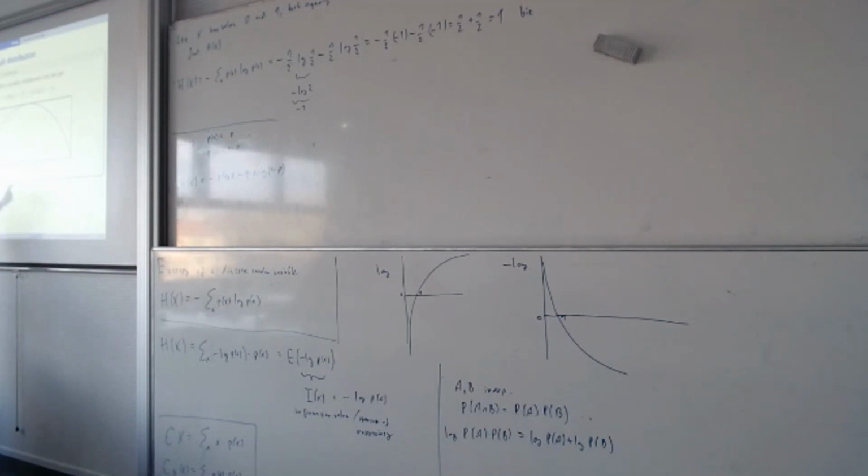Which, for given p's, is a function looking like this. So, if p is equal to 0, which means that the random variable is actually not random, and it is always equal to 0, there is no uncertainty in the system. You always know what the value will be. The same if p is 1.